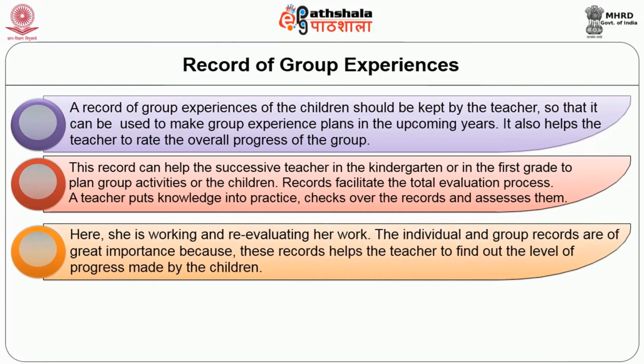Here she is working and re-evaluating her work. The individual and group records are of great importance because these records help the teacher to find out the level of progress made by the children.